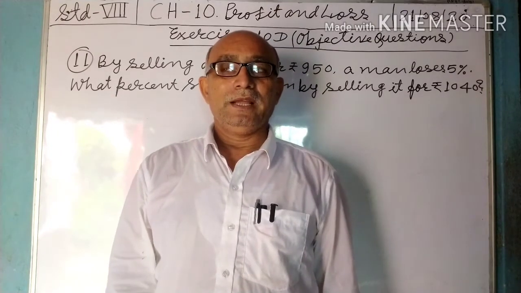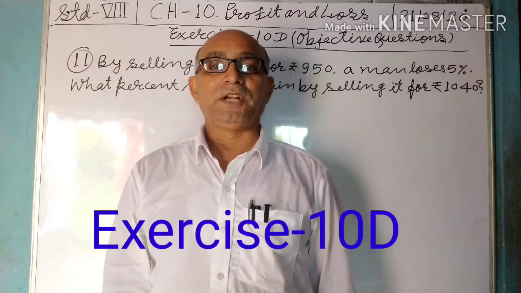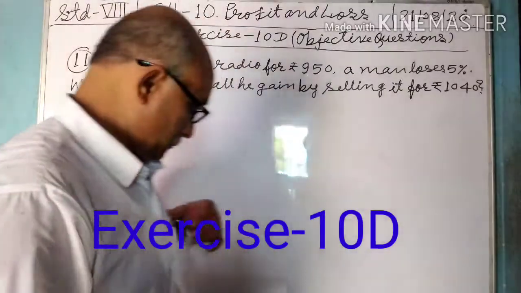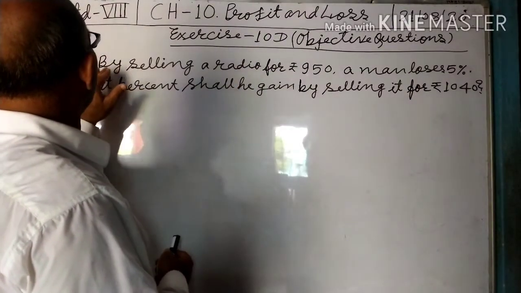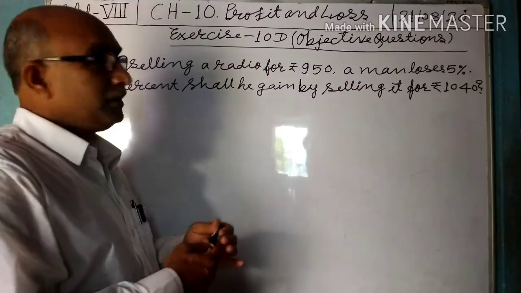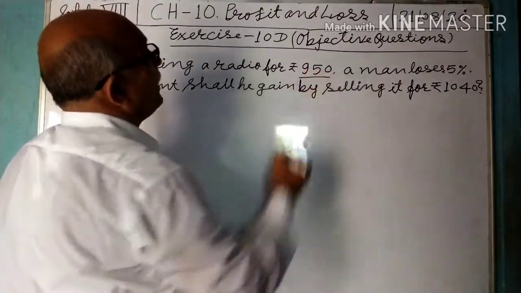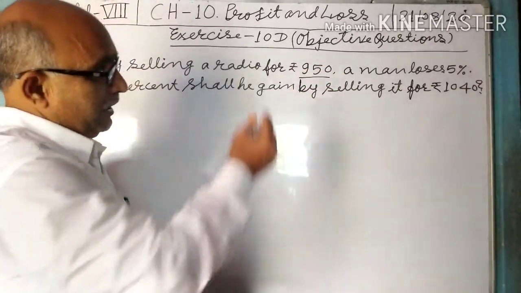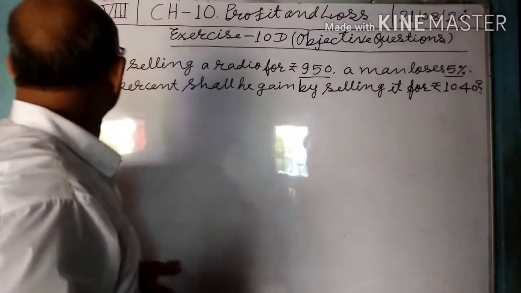Students, today I shall solve exercise 10D objective questions. Question number 11 is written here. Selling a radio for rupees 950, a man loses 5%.